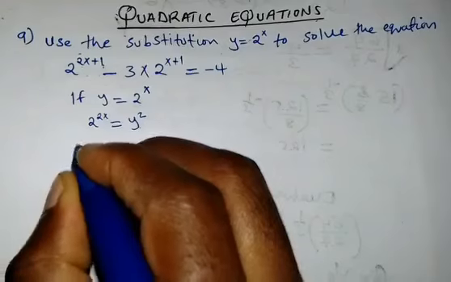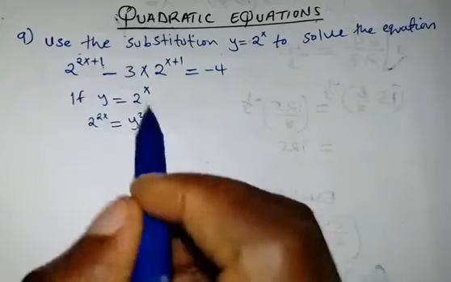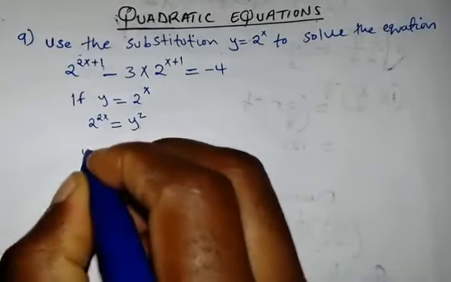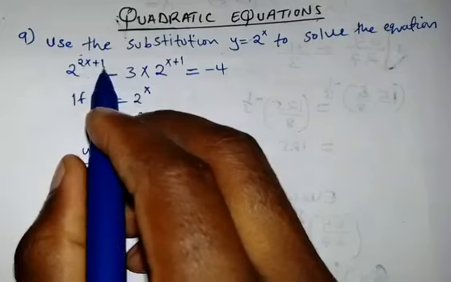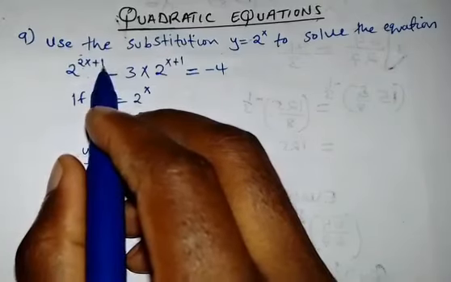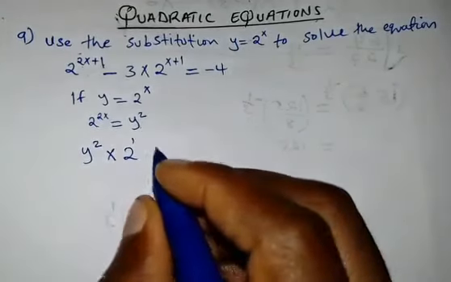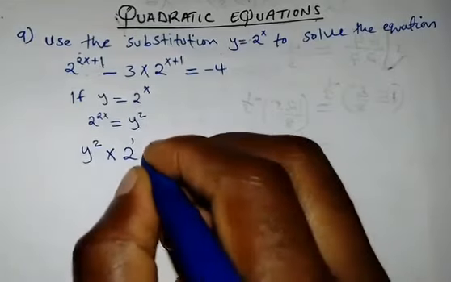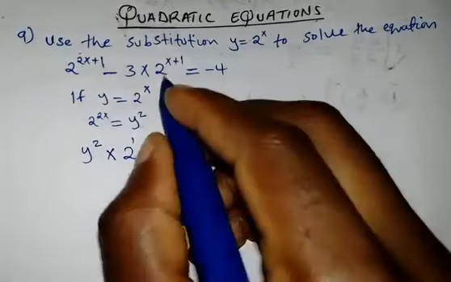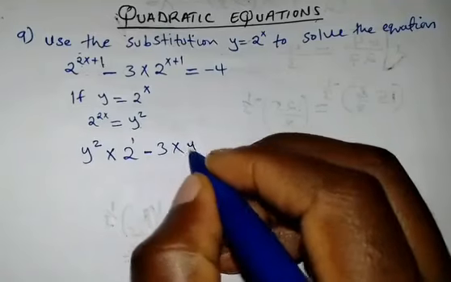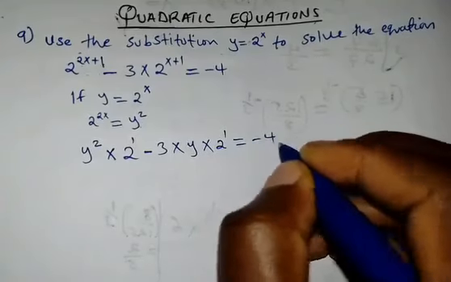Where we have 2 raised to power 2x, we are going to replace it with y squared. So y squared multiplied by 2 raised to power 1, minus 3 multiplied by, remember all these we replaced with y, so y multiplied by 2 raised to power 1, is equal to negative 4.